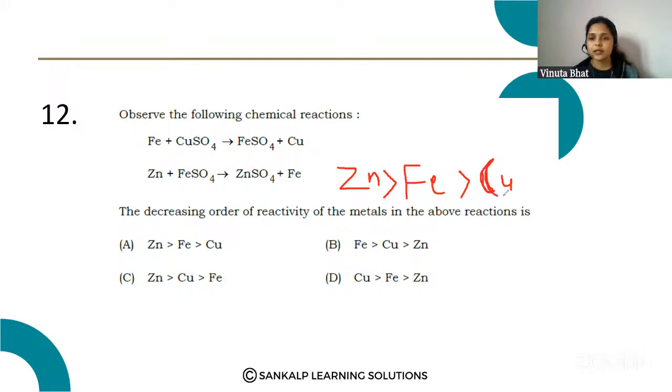Iron is more reactive than copper. What is the decreasing order of reactivity of the metals in the above reactions? In decreasing order, the highest should come first, then the lowest. So the highest reactivity is zinc, compared to these two metals.